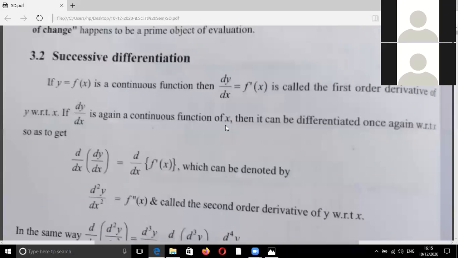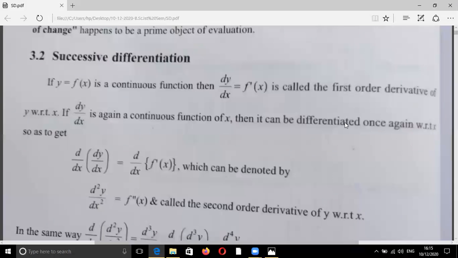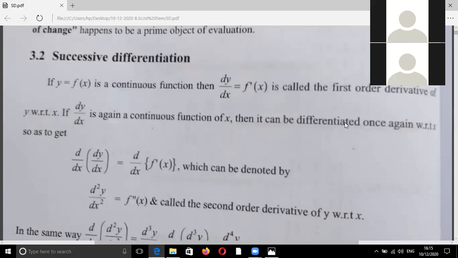Successive differentiation. And I have already told you, I am starting with unit number 3, that is successive differentiation.